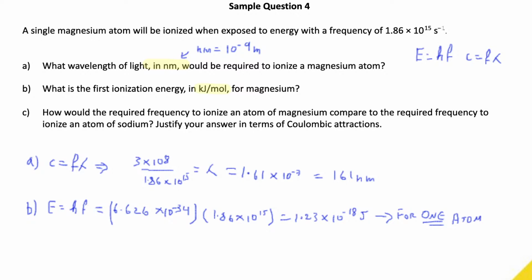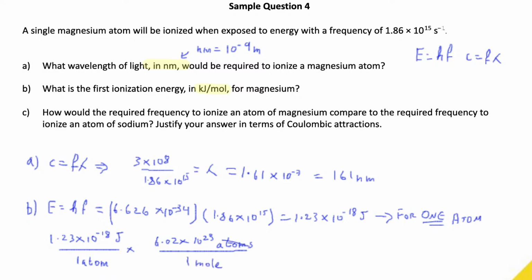And because they want the answer in kilojoules, I have to make sure that I convert from joules to kilojoules. So I'm going to go 1.23 times 10 to the minus 18 joules over one atom, times 6.02 times 10 to the 23 atoms over 1 mole.